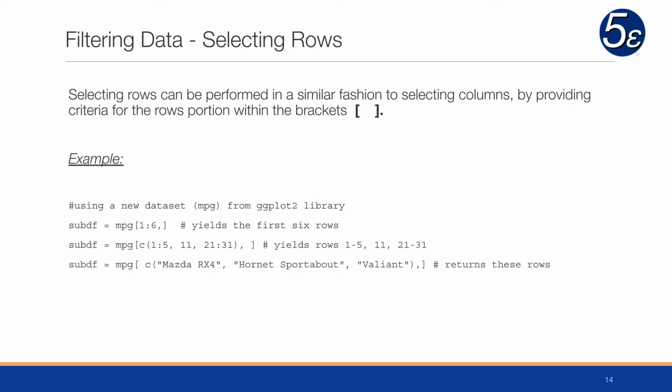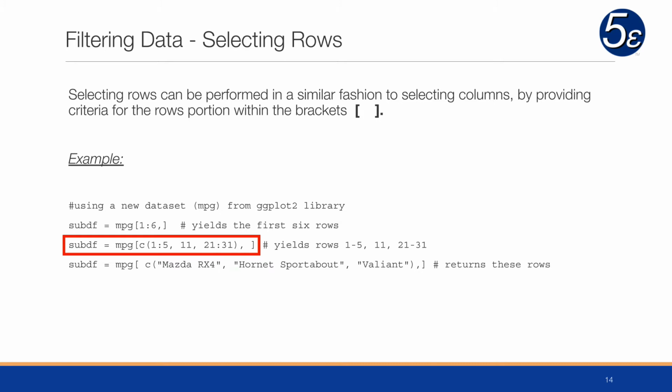Selecting rows can be performed in a similar fashion by providing criteria for the rows portion within the brackets. Here's an example. Sub-df equals MPG bracket 1:6, comma, yields the first 6 rows, and all the columns of those 6 rows because there's nothing in between the comma and the final bracket. In the second case, we have MPG bracket C(1:5, 11, 21:31).